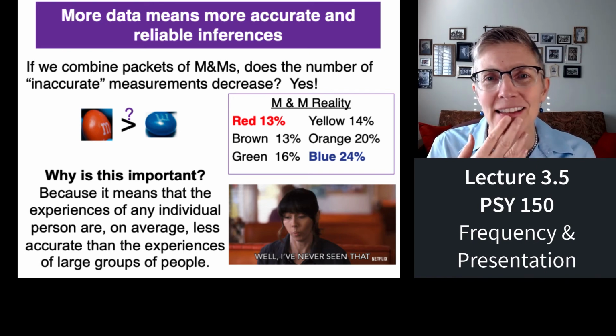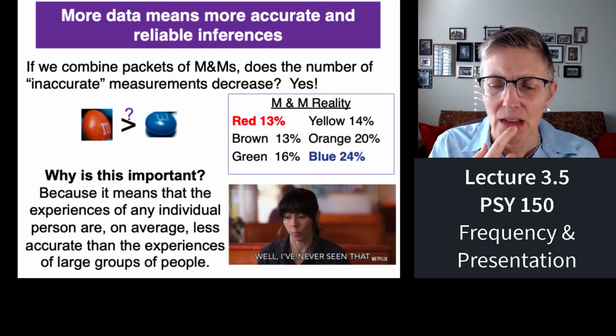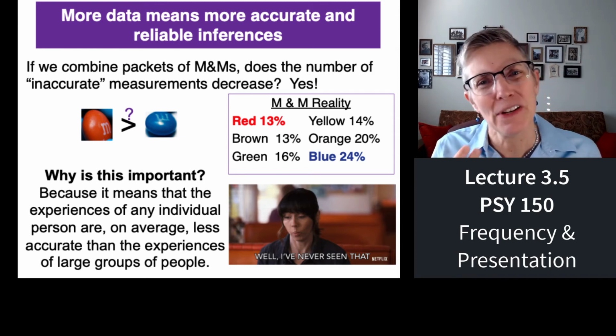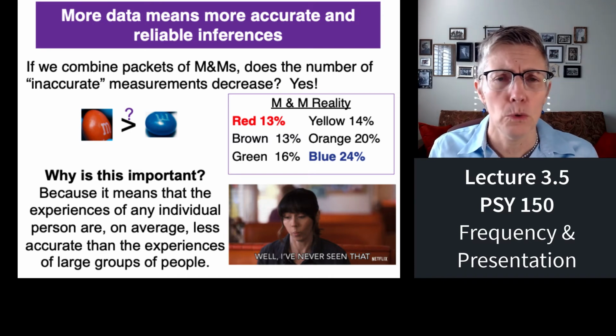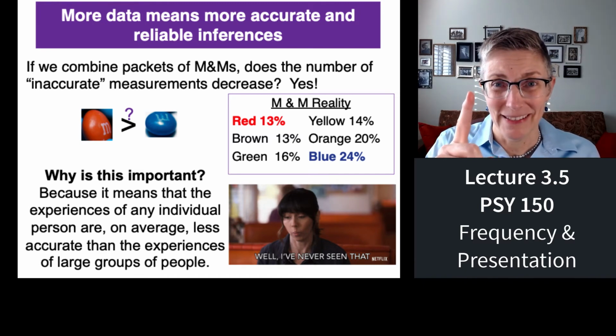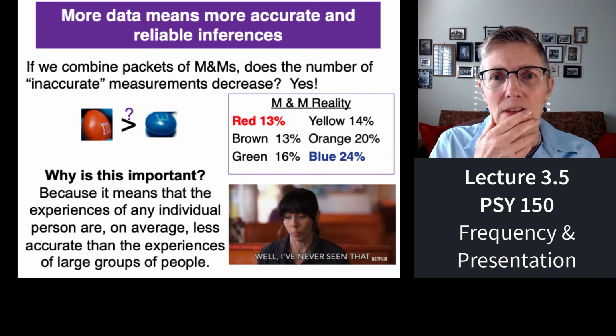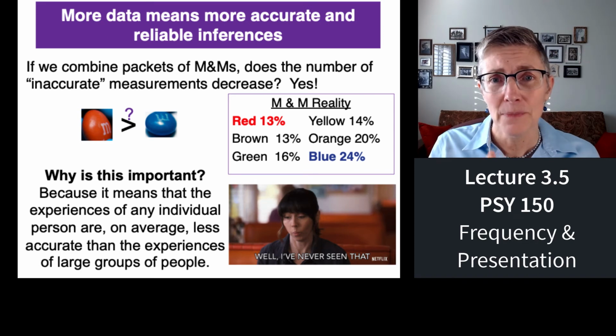So why is this important in an introduction to psychology class? Well, have you ever had the experience where you're talking to someone about a very common phenomenon, and their response is, well, I've never seen that? Okay, there's the problem. They are taking one measurement, right? Their own life. We put a lot of weight in our own personal experiences.